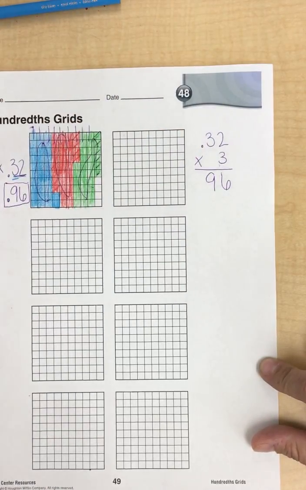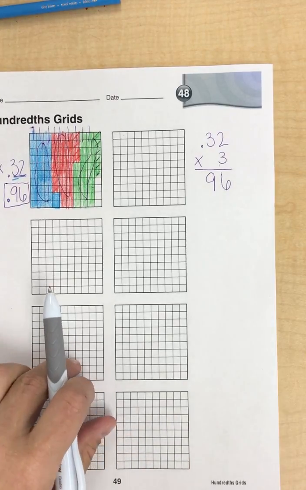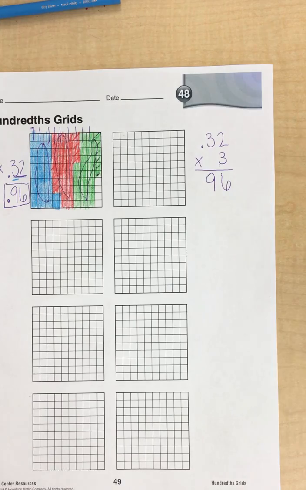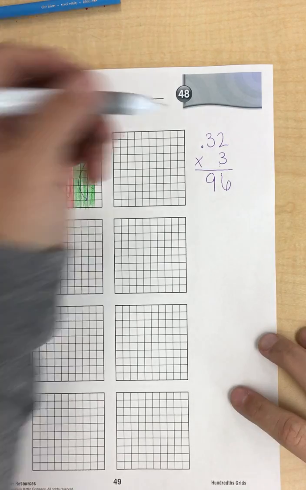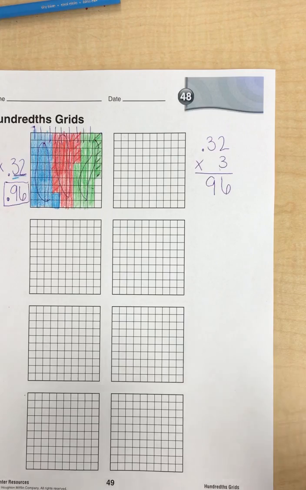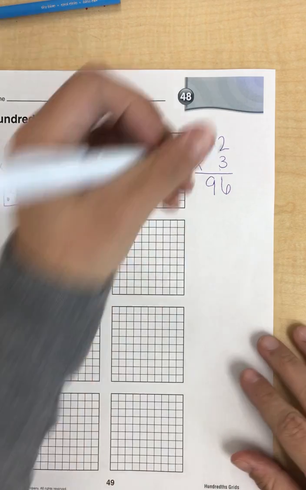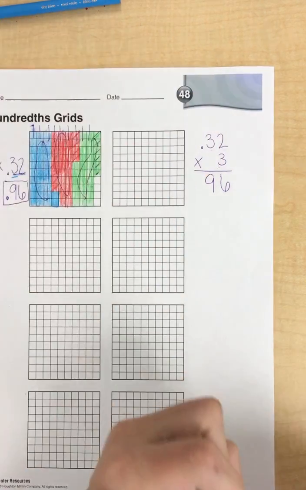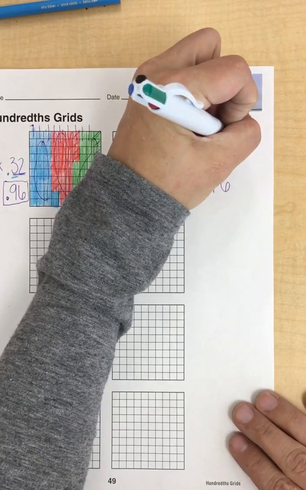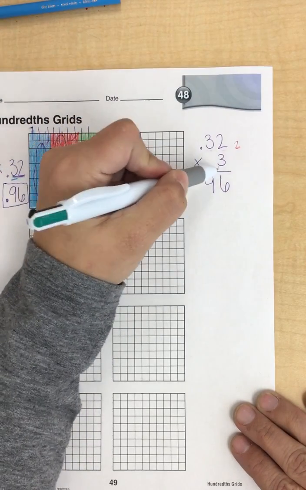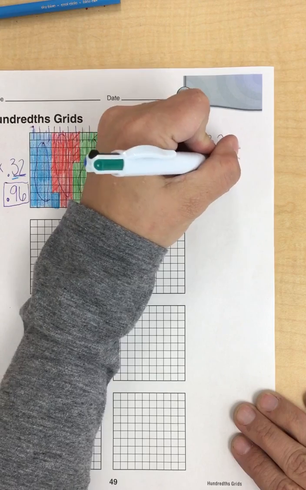Okay, my next step is I'm going to count the number of decimal places, the number of digits I have behind my decimals. So on my top row, I have 2 numbers behind my decimals. So I'm going to write a 2 here to the side. On my bottom row, I have 0 numbers behind a decimal.